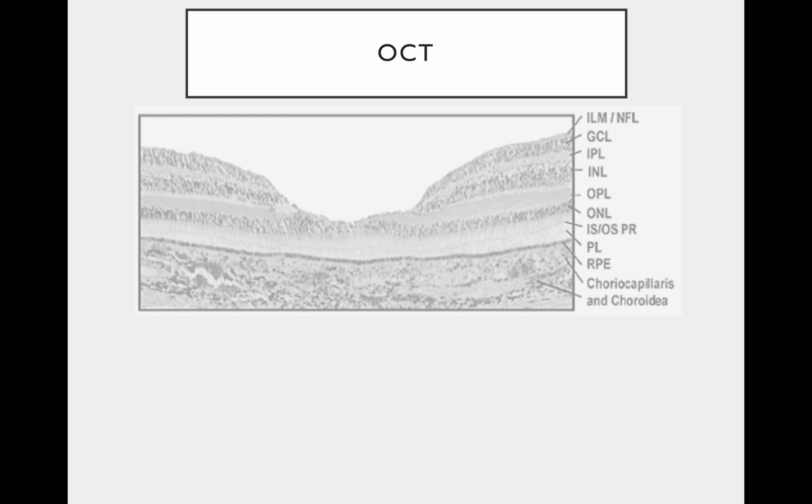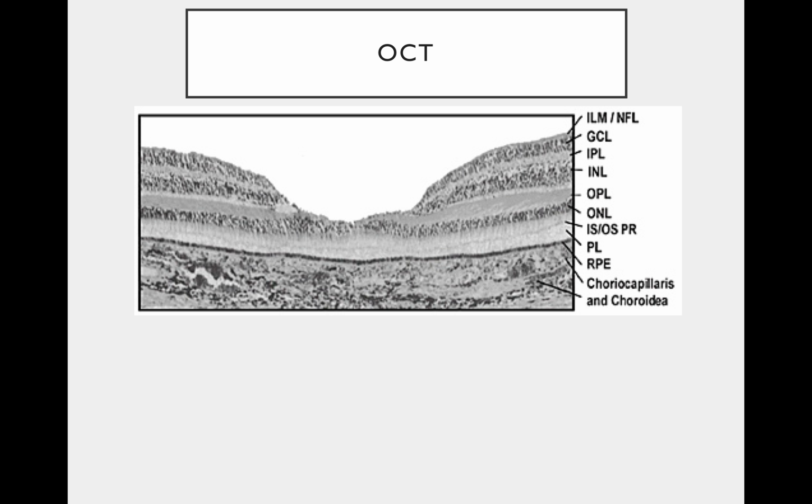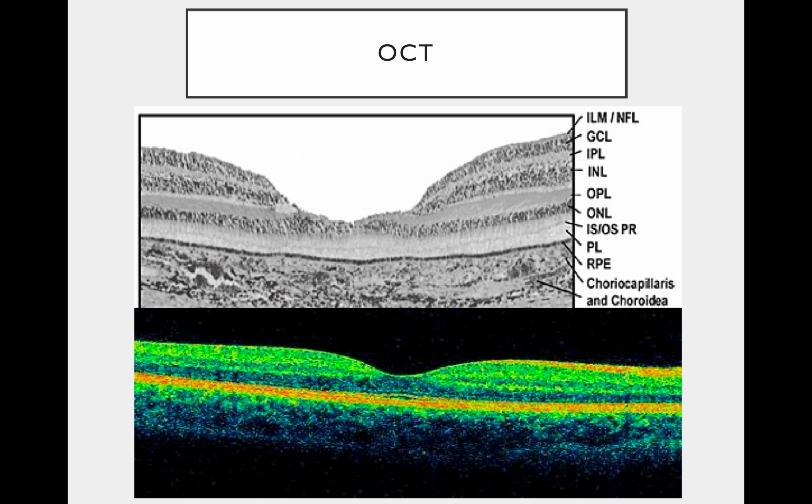In terms of OCT, again, reviewing the histological section of the retina, you see the various retinal layers. OCT gives us sort of an optical histological section of the eye. Some regard this as an optical biopsy of the retina.